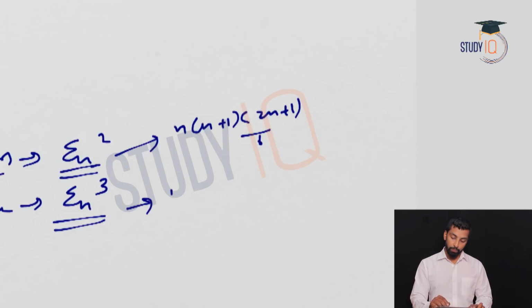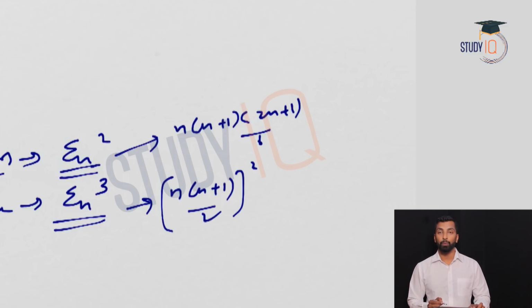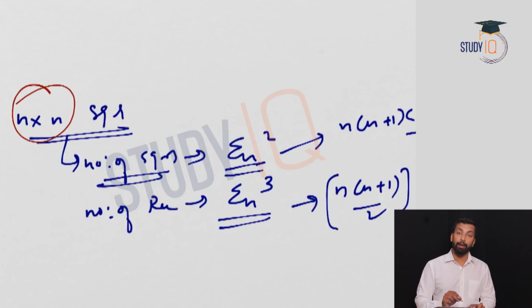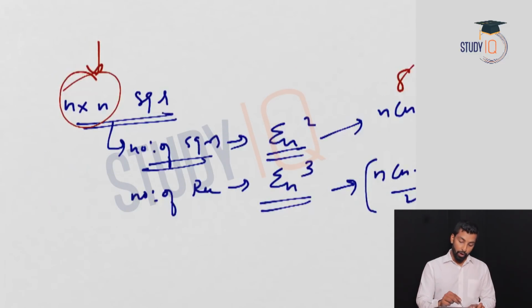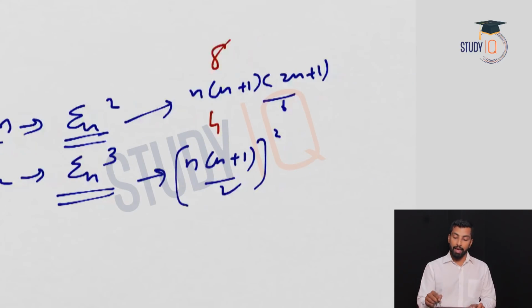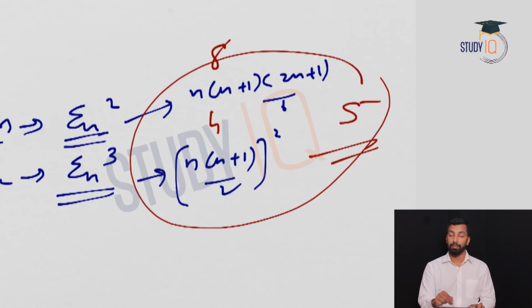You know what sigma n cube is? n into n plus 1 by 2, raised to 2. What is n? That depends on the given square. If 8 into 8 square, n is 8. If 4 into 4 square, n is 4. If 5 into 5 square, n is 5. Just substitute and get the answer. Don't think too much. Don't try to count either.